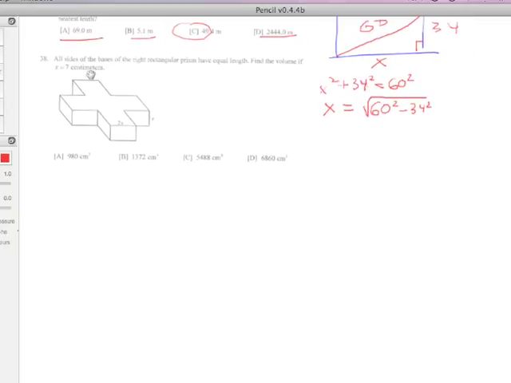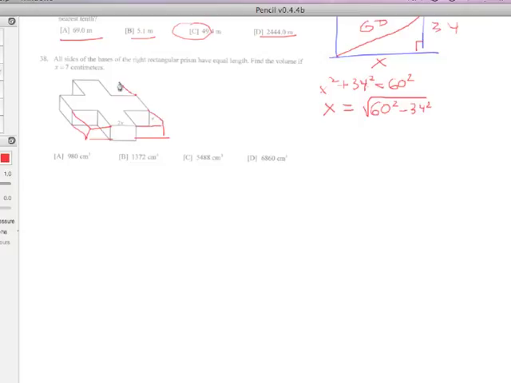So all sides of the bases of the right rectangular prism have equal length. Find the volume if x is 7. For this one, I would say don't just plug in x equals 7 to these numbers, because there might be some easier calculations to do without it. So I'm going to complete this box.